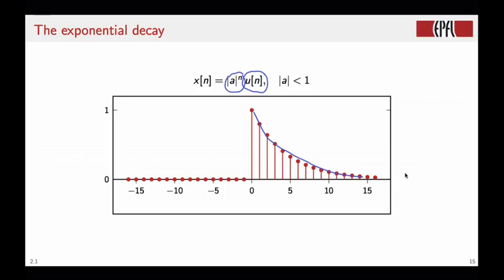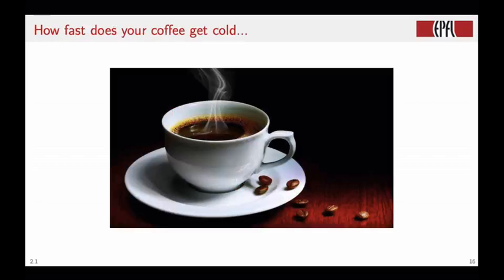If we did not apply the unit step, then of course the exponential would grow exponentially, and it would be unbounded. So that would not be a signal you would encounter in practice. So we see here a signal that has been specifically engineered so that it looks like a signal that you would encounter in real life. And real life is coffee.